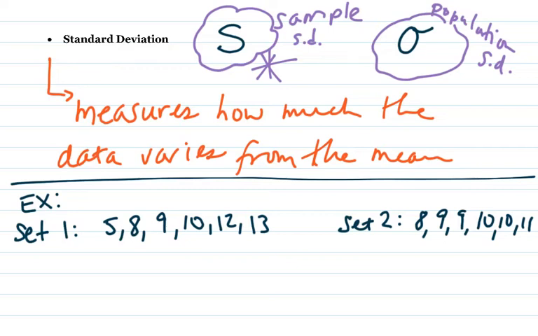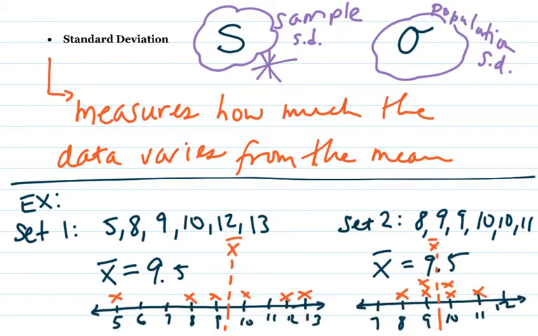They both have a mean, or average, x bar, equal to 9.5. You can check me on that, but my x bar, which represents our mean, is equal to 9.5 for both of these sets. But which one of these sets differs less about the mean?